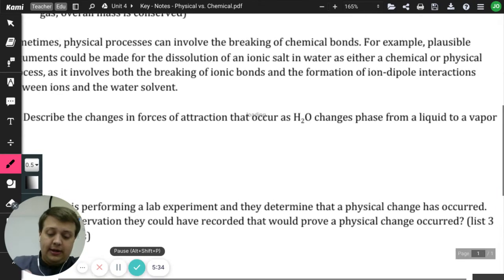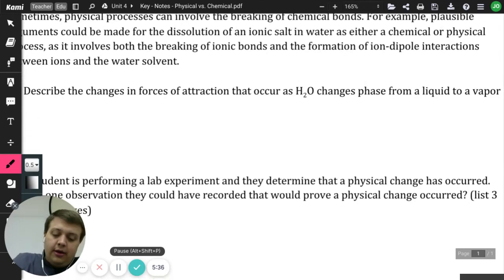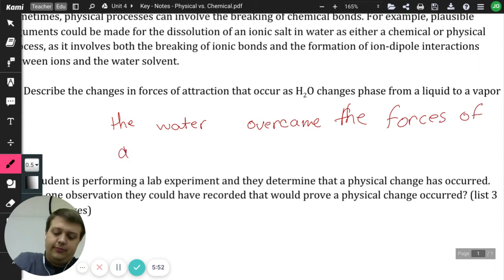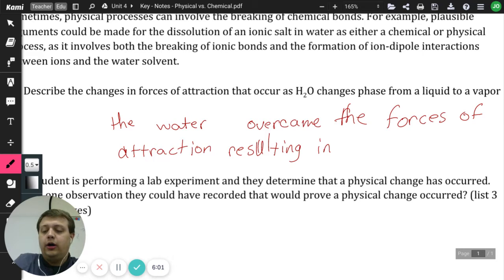Well, what happened is the water overcame the forces of attraction, resulting in water going from liquid to gas.